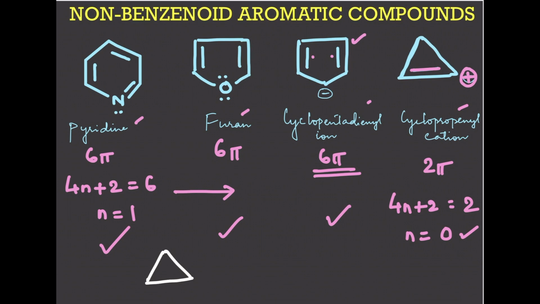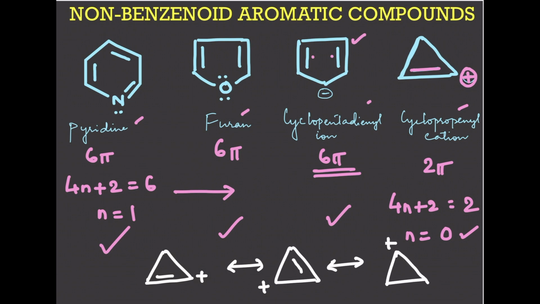Say for example, this is the first structure where the positive charge is here. In the second structure, it undergoes resonance and the pi bond shifts here and the positive charge shifts here. In the third structure, the positive charge shifts here and the pi bond shifts here. So this clearly is called resonance, about which we had studied in our previous classes.